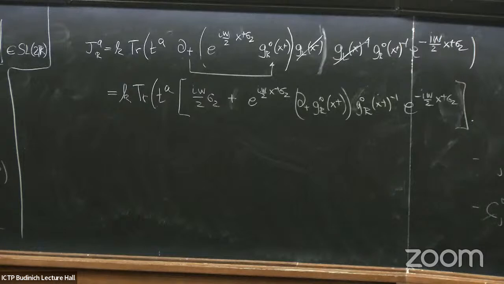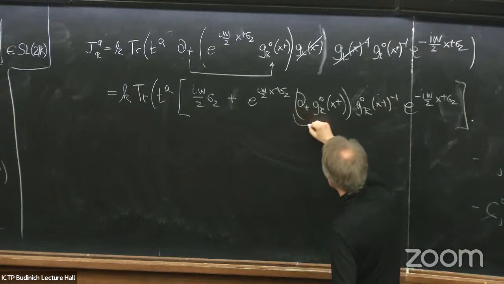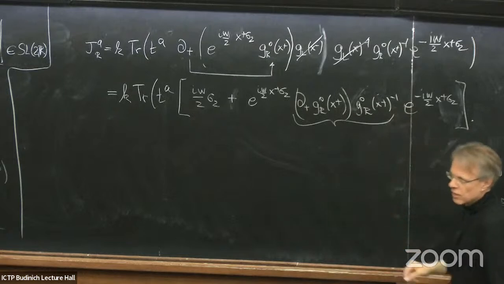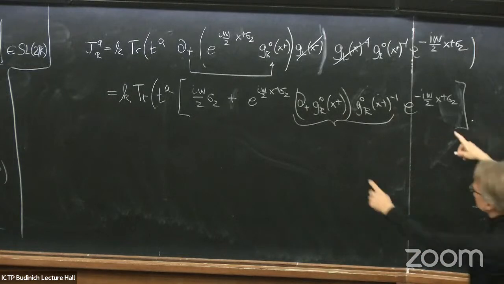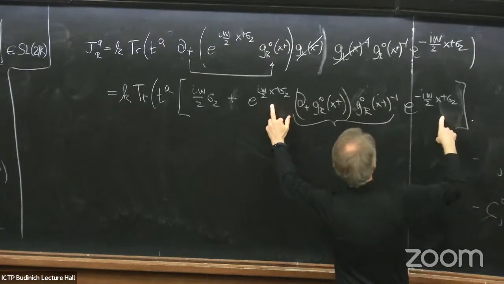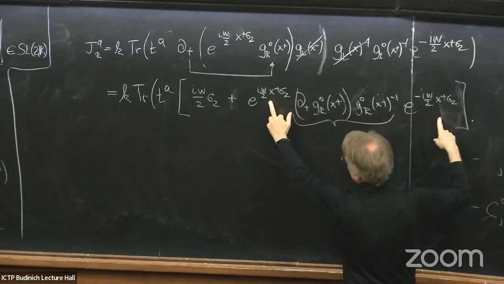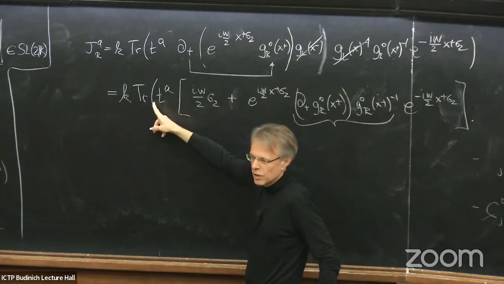Now, if you think about it, this is basically the old current, the original current, and it's now conjugated by that. But I can either think of this as conjugating, or I can think of the conjugation as conjugating the T^A.